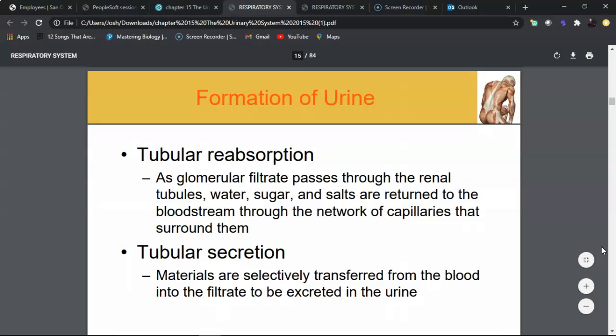Then as that filtrate travels a little farther, we have areas in the peritubular system where we can also secrete. This is where our body can reabsorb water if necessary. If we're dehydrated, or if we need to get rid of water, we can secrete hydrogen ions or sodium ions to have water follow. If our body is too acidic, we can get rid of hydrogen ions.